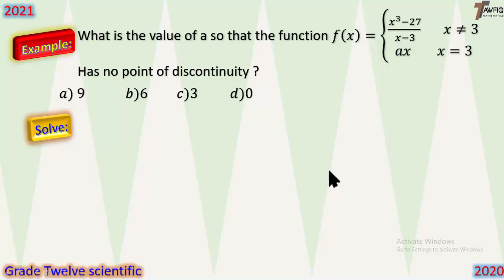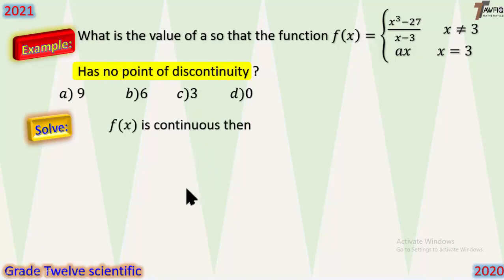And the second kind: what is the value of a so that the function f(x) equals x cubed minus 27 over x minus 3 when x is not equal to 3, and ax when x is equal to 3, has no point of discontinuity? Because we have an inequality, and because it has no point of discontinuity, that means the function is continuous.